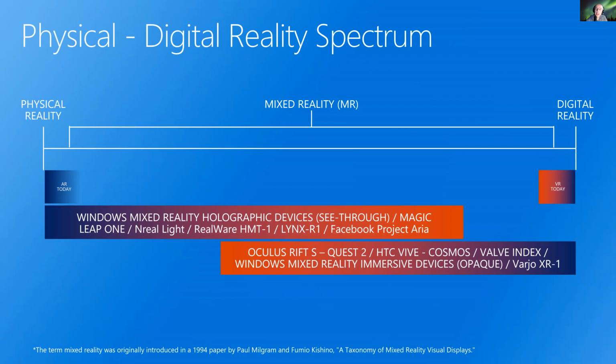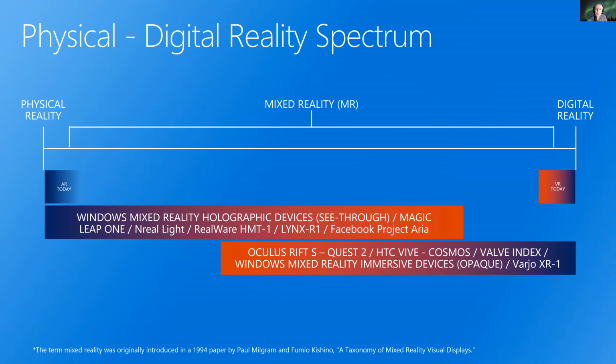Let's see now the different types of devices that we can find in the market. To refer to these types of devices, we can look at the concept of the physical and digital reality spectrum that was introduced in 1994 by Paul Milgram and Fumio Kishino in the paper A Taxonomy of Mixed Reality Visual Displays.